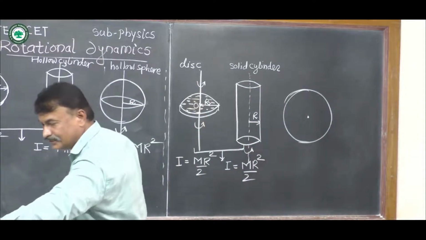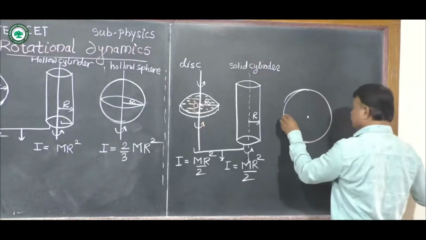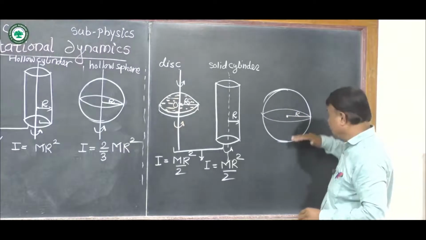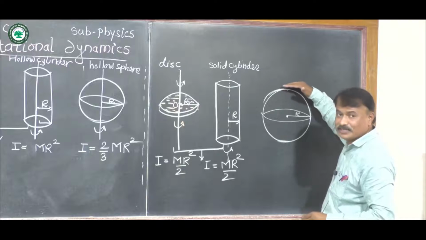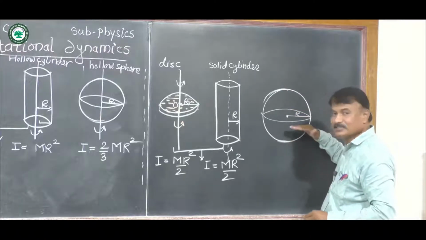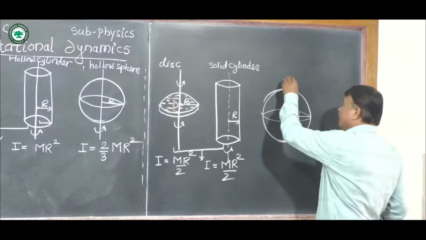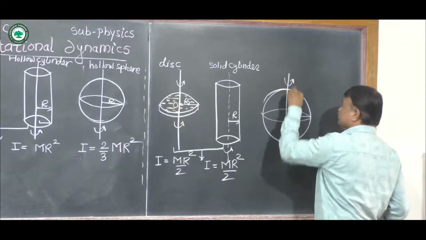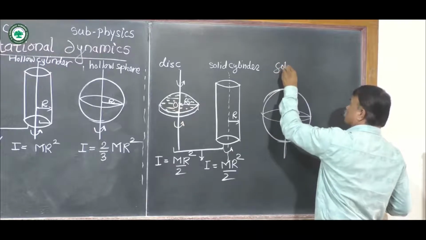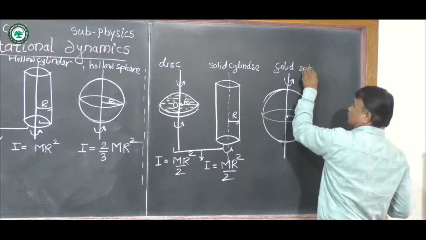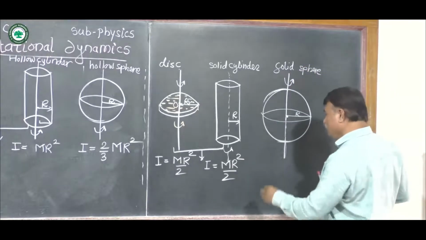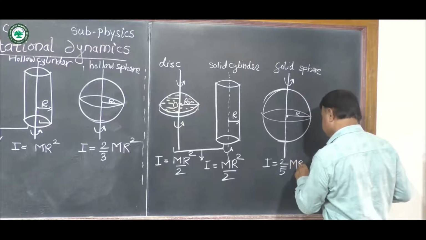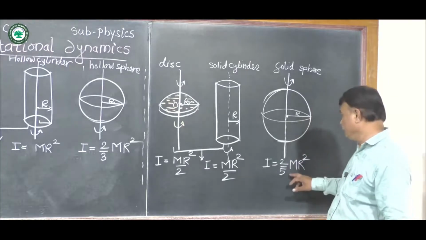In this solid cylinder, at the center there are these solid disks having radius say capital R. Again the radius continuously goes on decreasing on the above side and also on the below side, and if this solid sphere is rotating about this axis in this manner, then its moment of inertia I is 2 by 5 mr square. Its moment of inertia is 2 by 5 mr square.